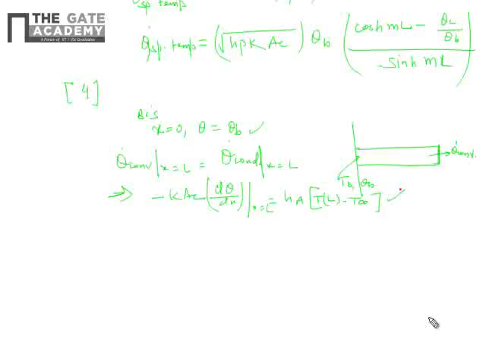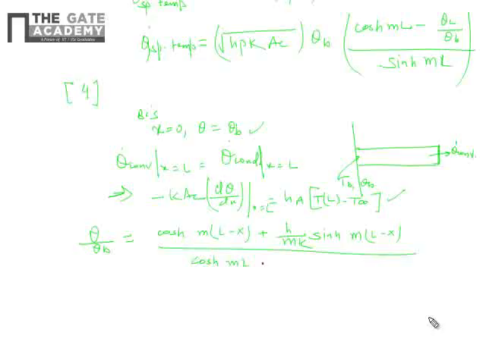Afterwards, we will get the temperature distribution inside the fin as theta upon theta b is cosh m(L minus x) plus h upon mk sinh m(L minus x), upon cosh mL plus h upon mk sinh mL.